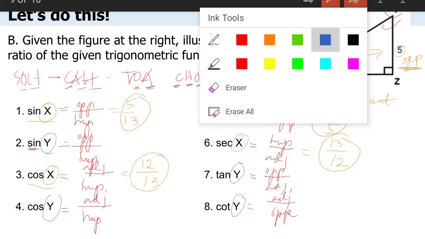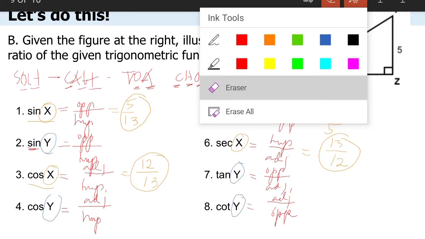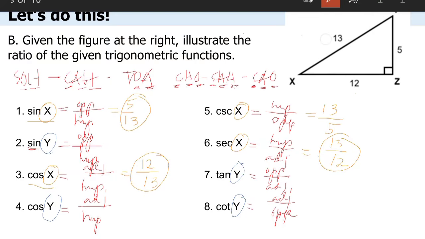To do that, let's erase first what I wrote here. So if your reference angle is y, this is your reference angle.